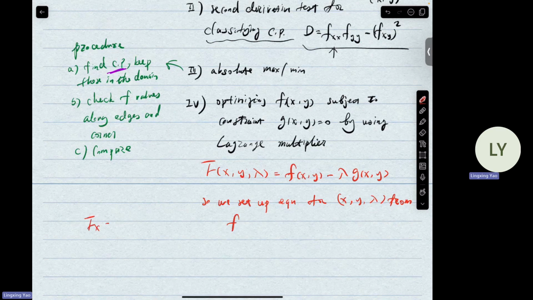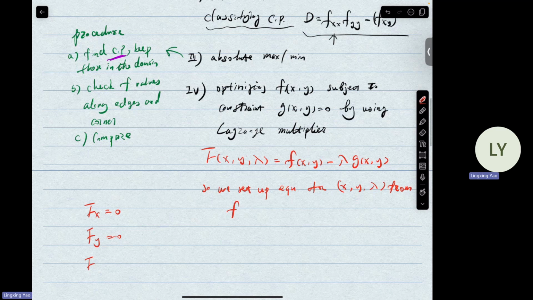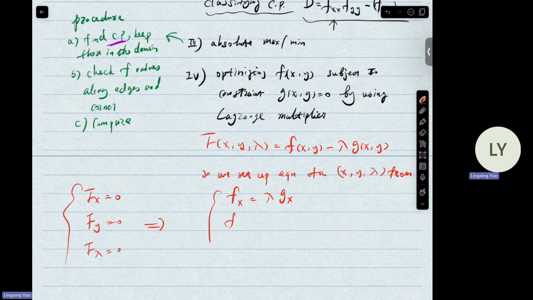come from three things: partial capital F, partial x equals 0, partial capital F, partial y equals 0, and partial capital F, partial lambda equals 0. Those three equations are set up together, and they are translated into partial little f partial x equals lambda times partial little g partial x, partial little f partial y equals lambda times partial little g partial y.